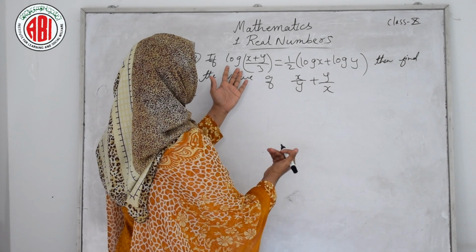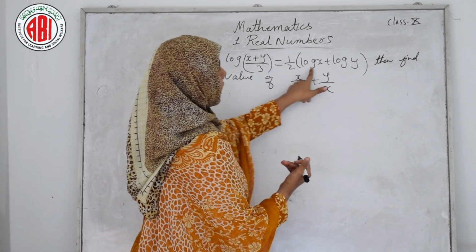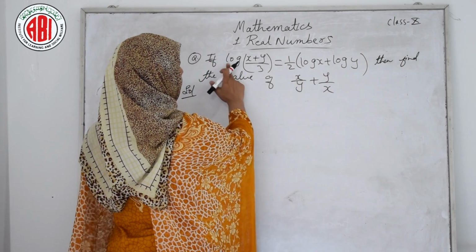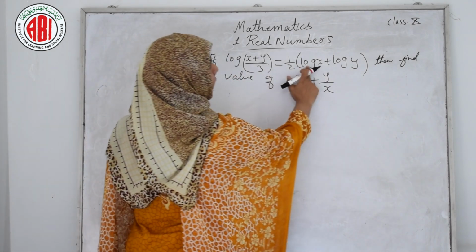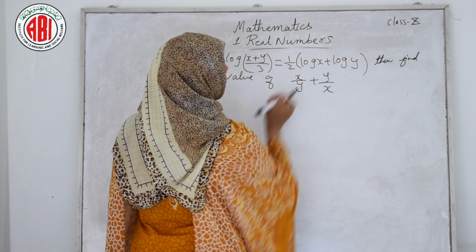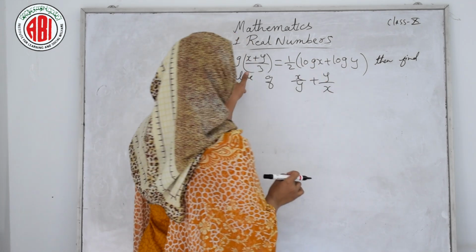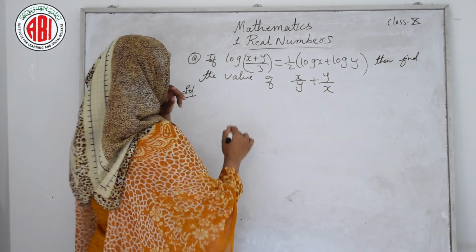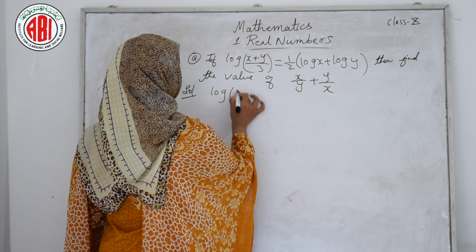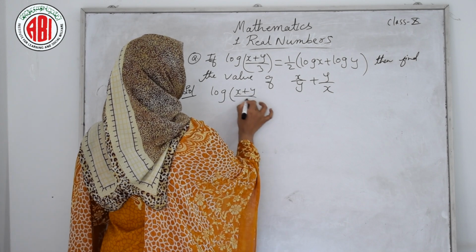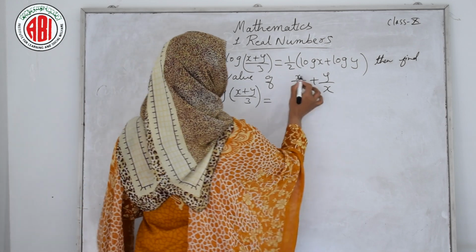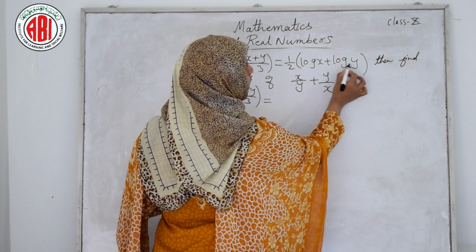First, we have to solve this and bring it in the form of a single log. There are 2 terms here, which you have to solve and get in the form of log. So how to do this? Log of (x plus y) whole divided by 3. Here same thing we are using, it is equal to log x plus log y.